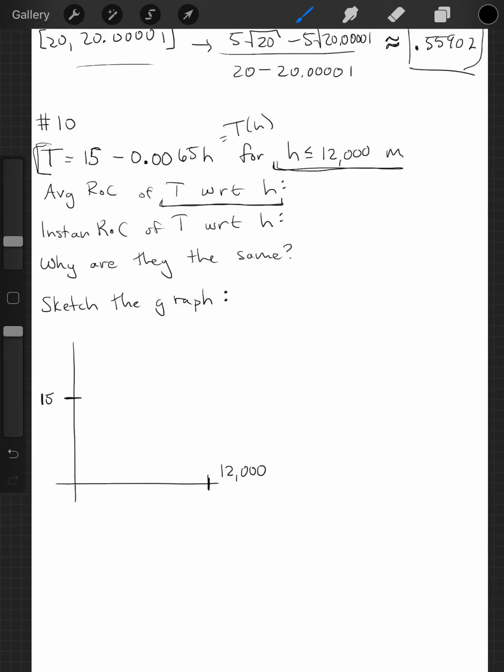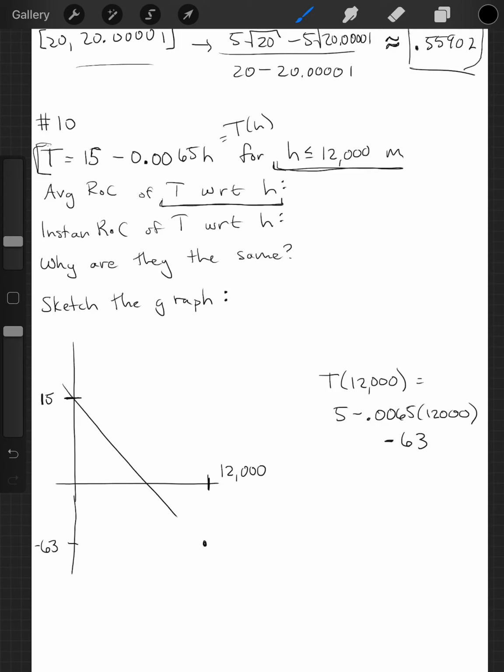Right, so I know that this graph is only going to go out to 12,000. Right, and anytime you want to draw a line, you just need 2 points. So I'm going to figure out what T of 12,000 should be. Right, that's going to be 15 minus 0.0065 times 12,000, which I plugged into a calculator, and I need to find it on my sheet. That's apparently negative 63. So it's down here somewhere.